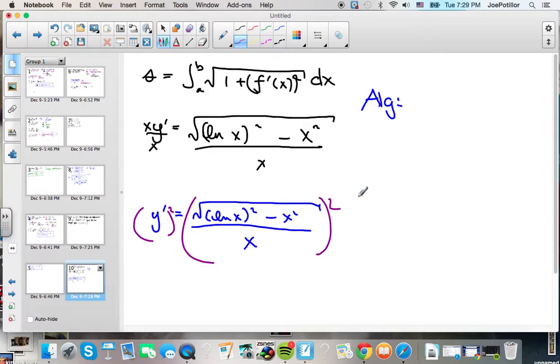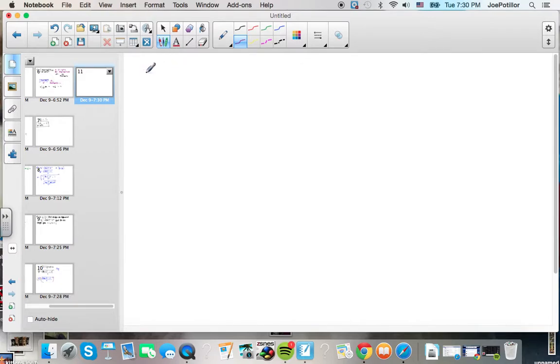So squaring it, we end up with y prime squared is equal to ln of x squared minus x squared all over x squared.